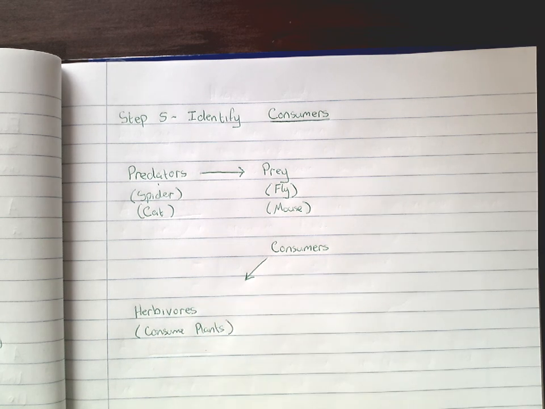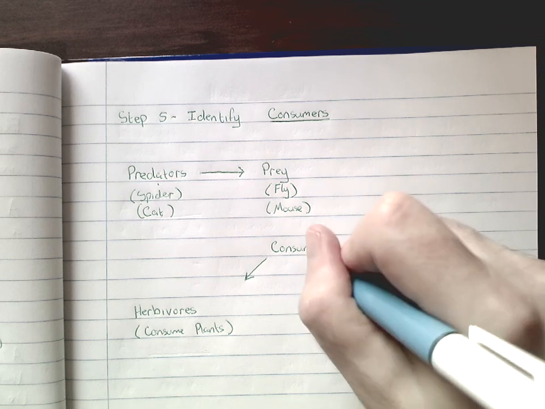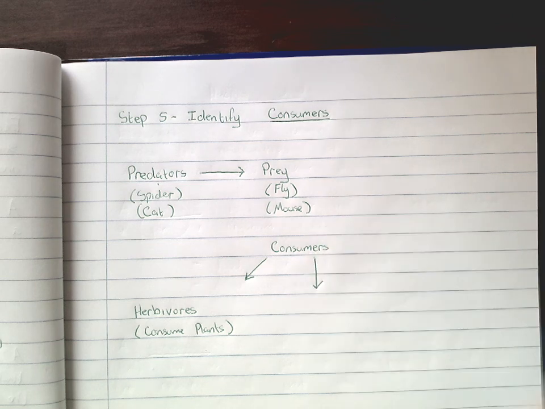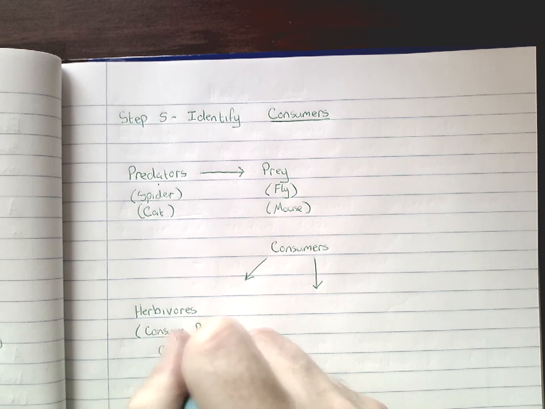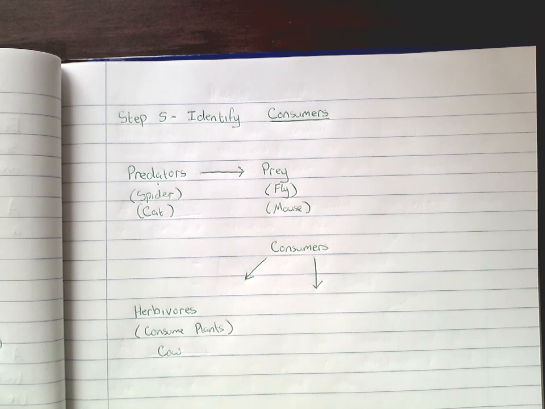For example, a cow would be a herbivore. Then we have what are known as carnivores.